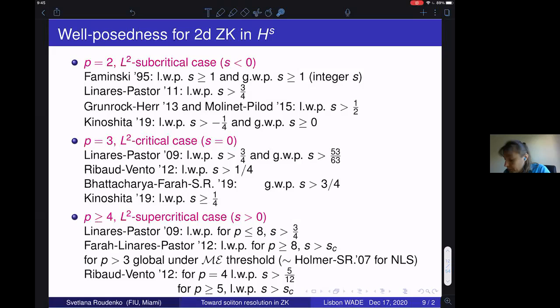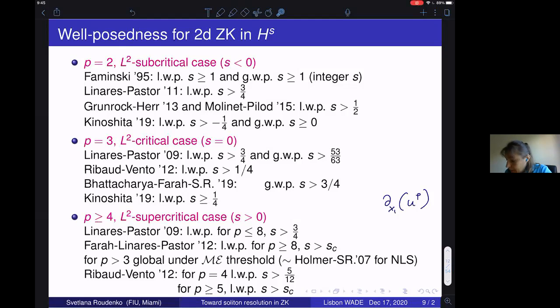But for the local well-posedness, for the local in time result, it's by Linares and Pastor for p. Remember, p is the power, we take ∂x1 of u^p. This is the p in my notation. In the literature, sometimes it's not p, it's k plus 1, for those who are familiar.